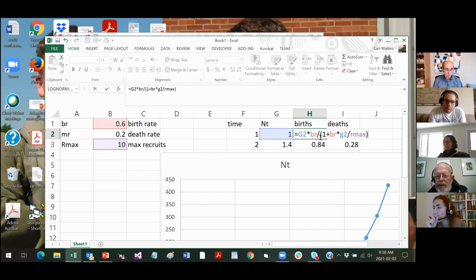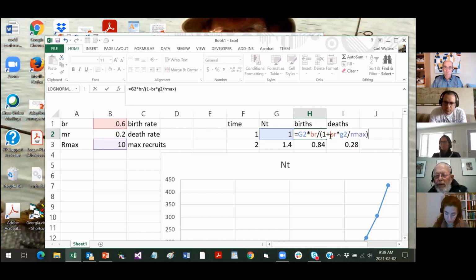Okay, this is the shape of prediction for recruitment that's called the Beverton-Holt recruitment model. So essentially what it's saying is that the effective birth rate declines hyperbolically as the number of eggs or initial births increases.